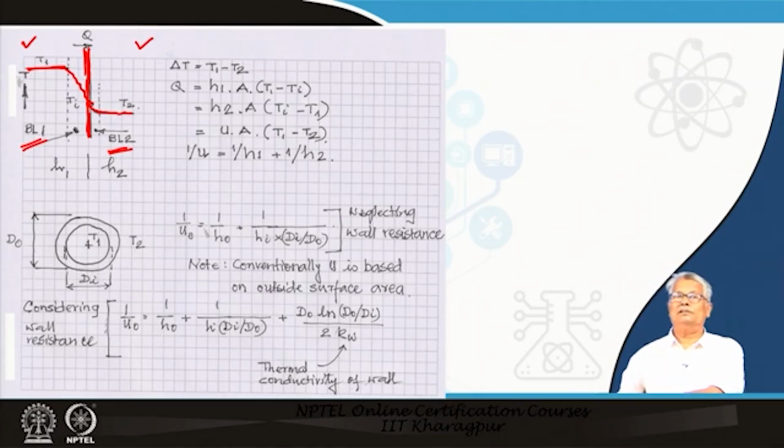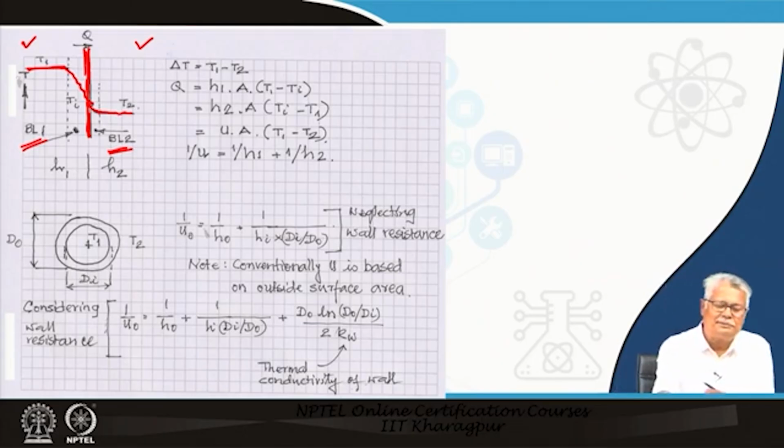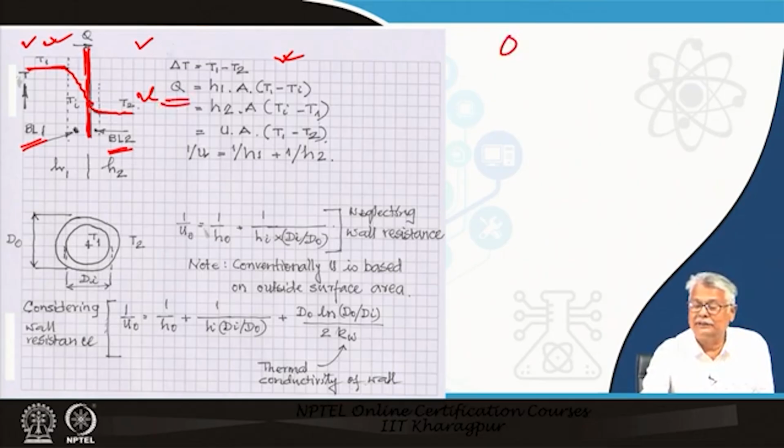So, what are the equations? Here what we have, the net driving force is the difference between T1 and T2, which is here, the delta T, and the concept of heat transfer says that the heat flow rate or the heat flux, Q upon A, is proportional to the driving force.